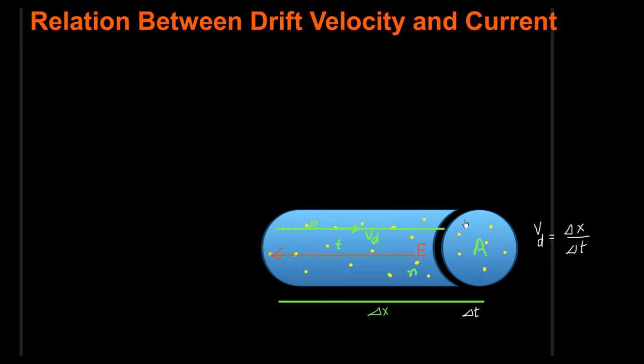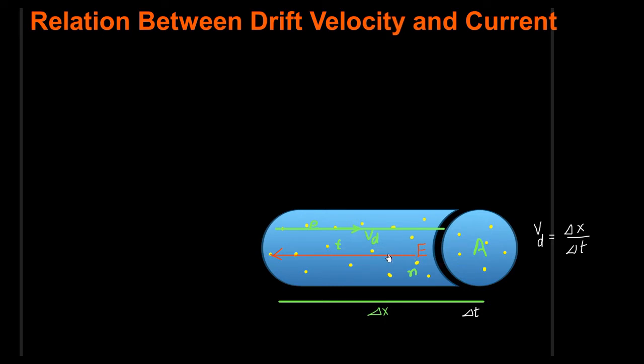We know in a conductor there are a large number of free electrons, and these free electrons are always in random motion. They collide with the heavy ions of the conductor, and their net average velocity will be 0.